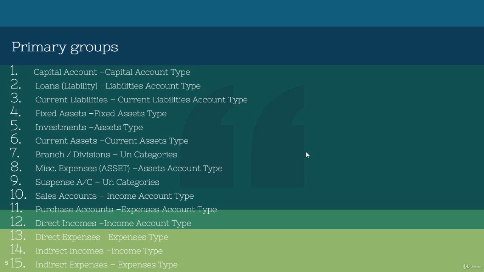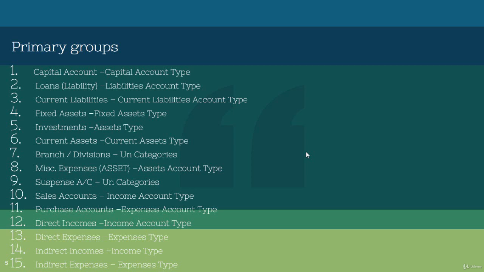Investment is an asset type, and the current asset type. Branch division is uncategorized. Misc expenses is an asset account type, and suspense account is uncategorized. Suspense means if the balance is not equal, we have to temporarily create that suspense account. That's also one of the primary groups in the Tally software.